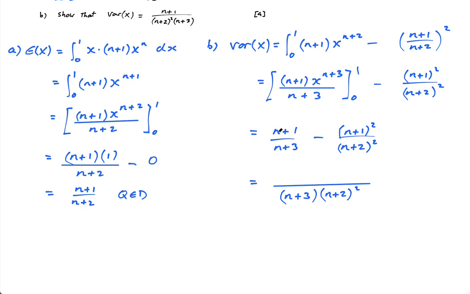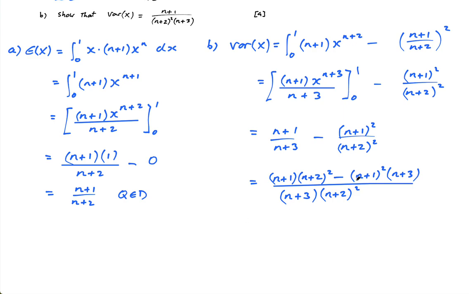And then I have to multiply this by n plus 2 squared, so it's n plus 1 times n plus 2 squared. And then this by this, which is n plus 1 squared times n plus 3.